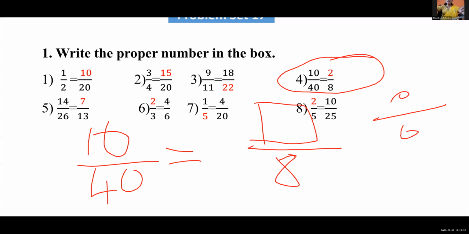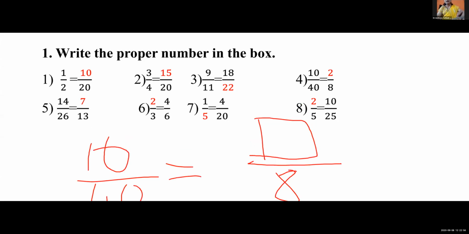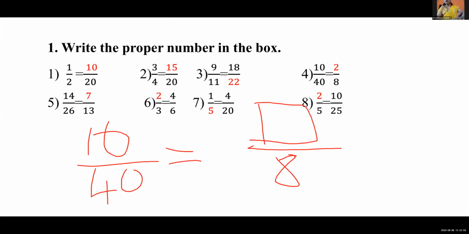Otherwise, find out the table in which 40 is coming at the 8th place. सिंपल अगर तरीका है, हमें simple method यूज करना है, तो what will we do? हम क्या करेंगे? देखो, here 8 is there in the denominator, and here 40 is there.